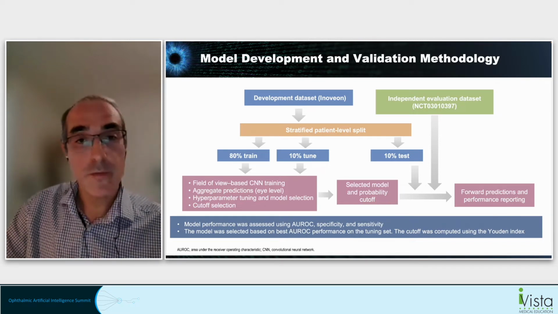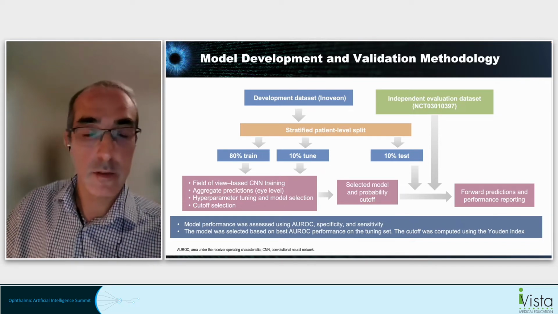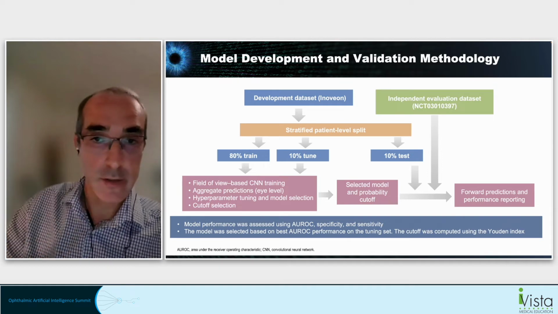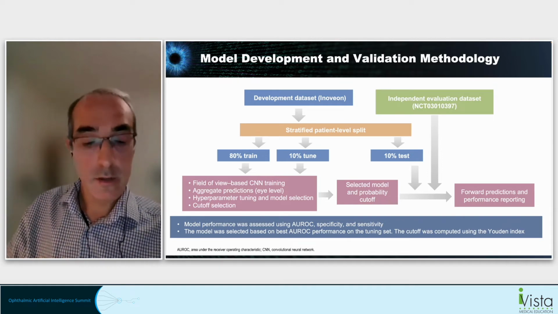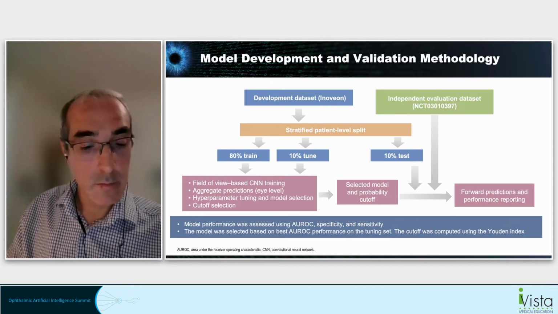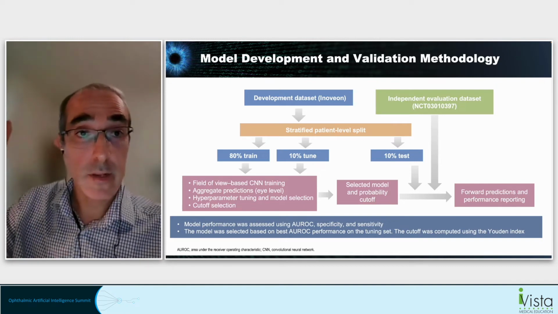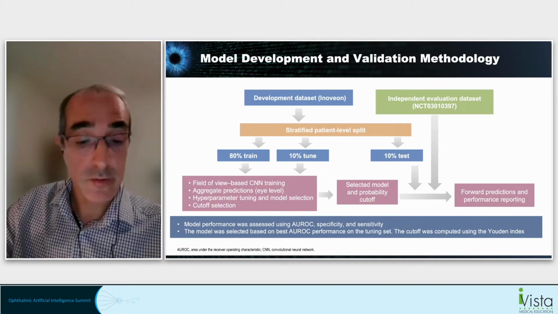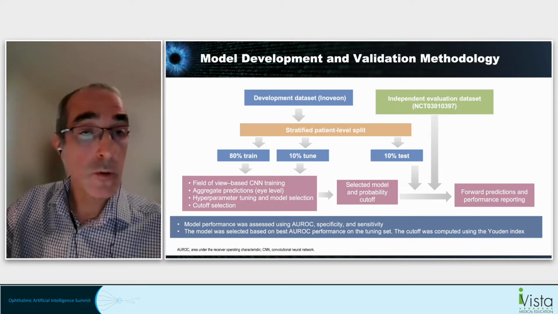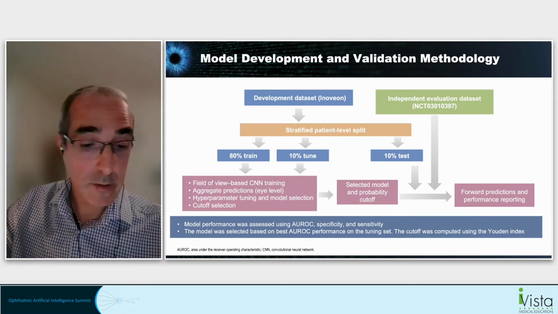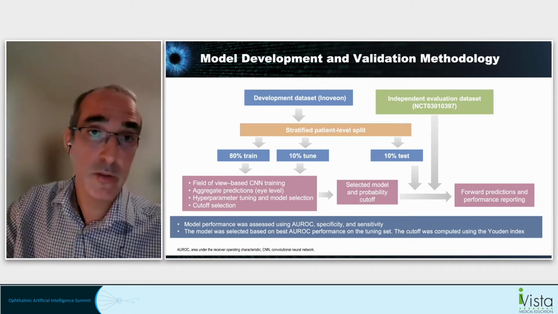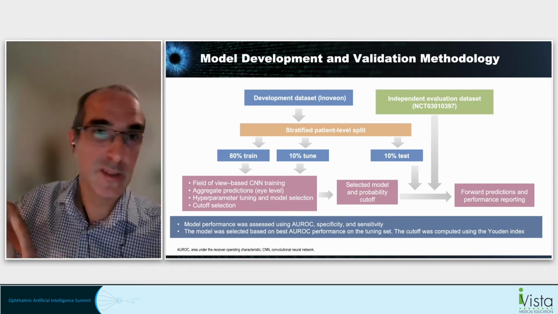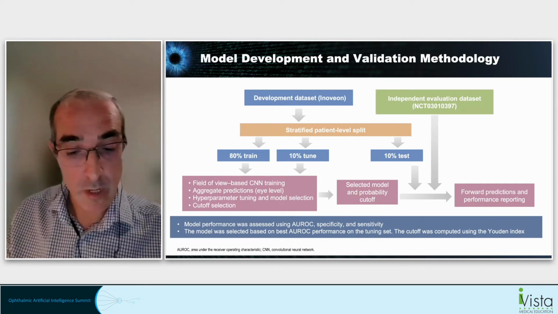Methods-wise, we followed the standard approach, splitting the development data set into a training, a tune, and a test set. We leveraged all the 7 fields, with a very systematic approach, and the model was trained at the image level. We leveraged our tuning sets to optimize the architecture. I mentioned Inception V3, but we tried different architectures, and the difference in performance was really minor.